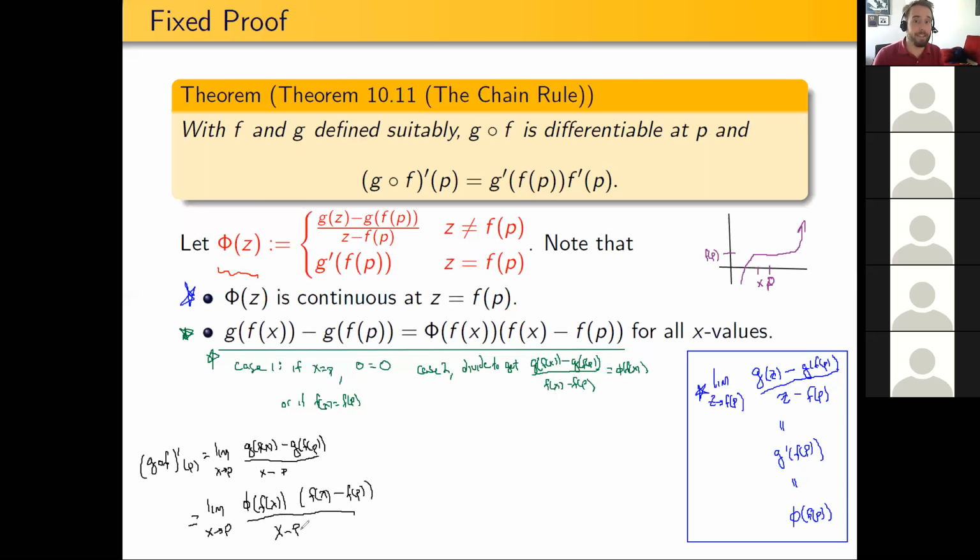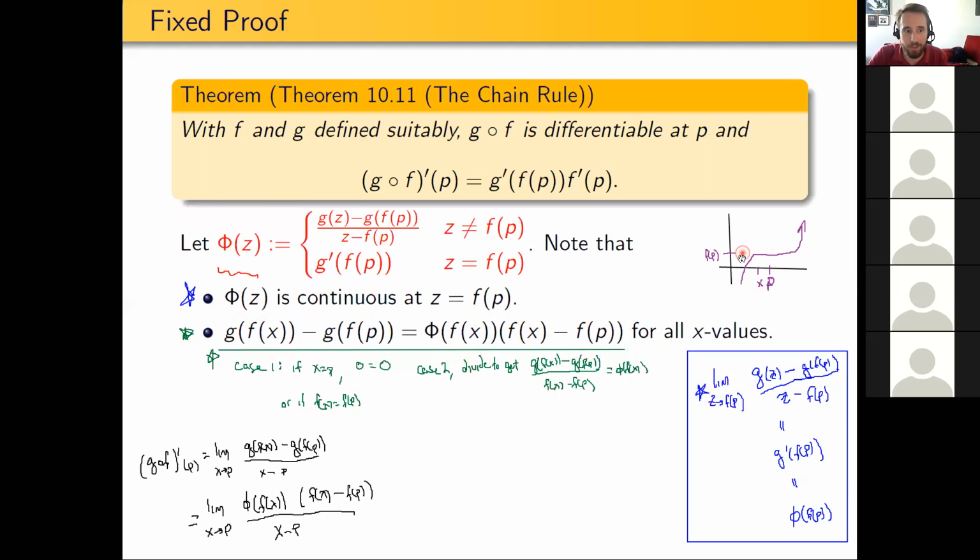So this is the sleight of hand, the very technical, clever move that lets us sidestep the issue that was happening in that seductive, more straightforward, earlier false proof. Here, I'm replacing this with that phi because I cleverly defined phi to allow this equation to hold true for all x values, even the ones at which f of x was equal to f of p.